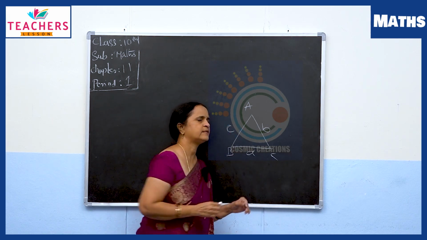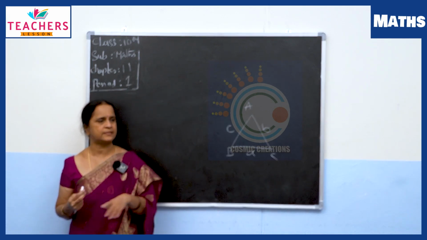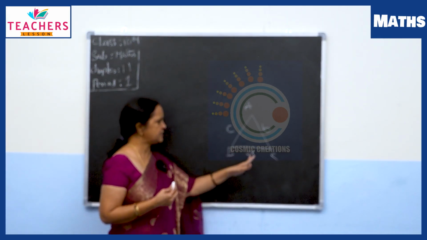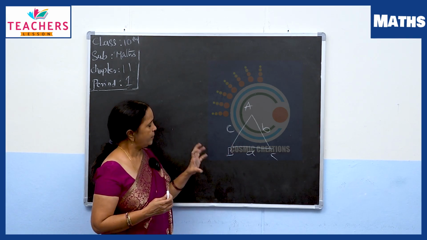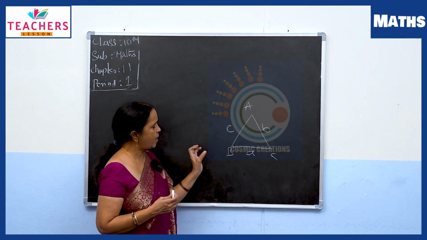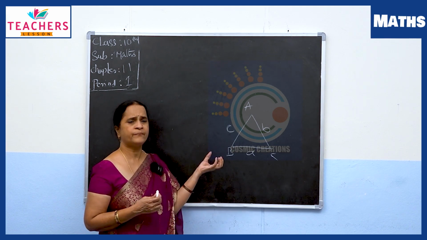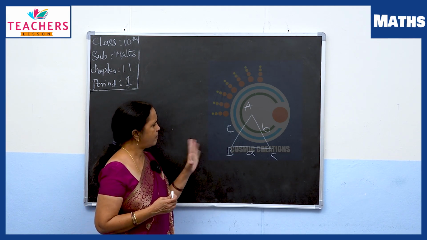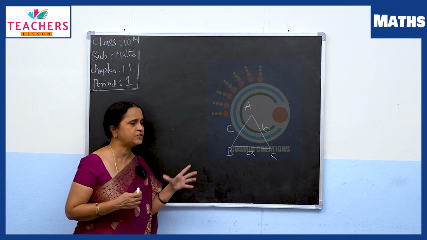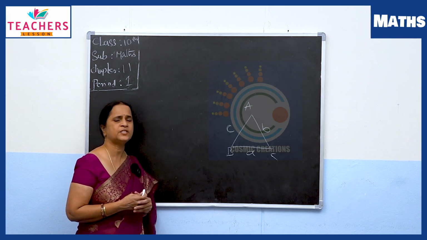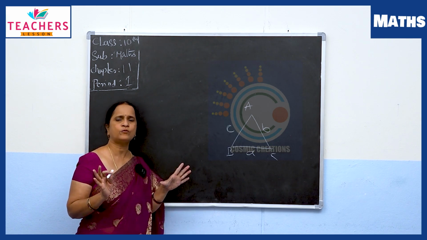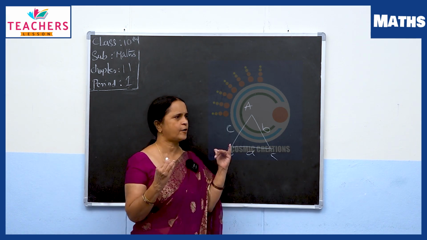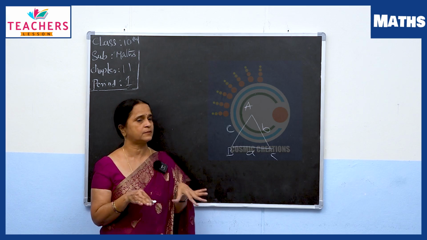You have learnt this in previous classes, you might have forgotten it. This is A, this is B, and this is C. Now, what all can be measured in this triangle? Take a close look at this triangle.